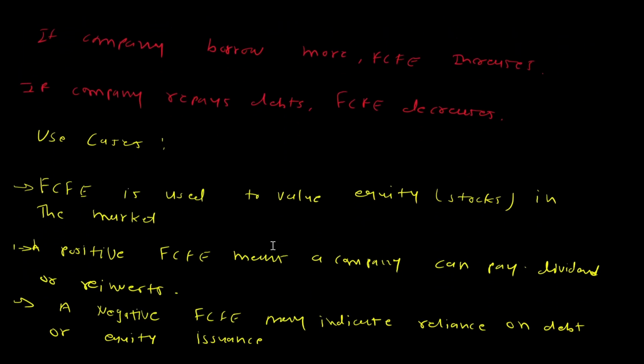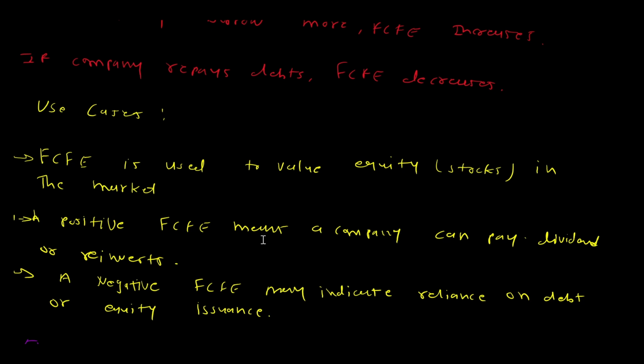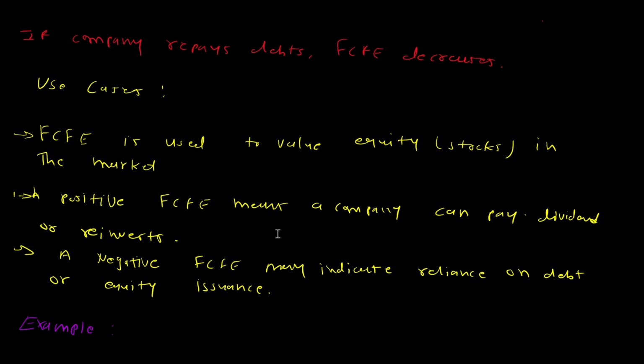The use case of the free cash flow to the equity is to value the equity, while FCFF is used for the total firm valuation, and this is only for the equity in the market. A positive FCFE means the company can pay dividends or reinvest.